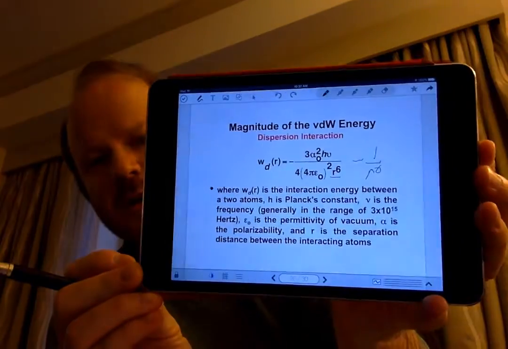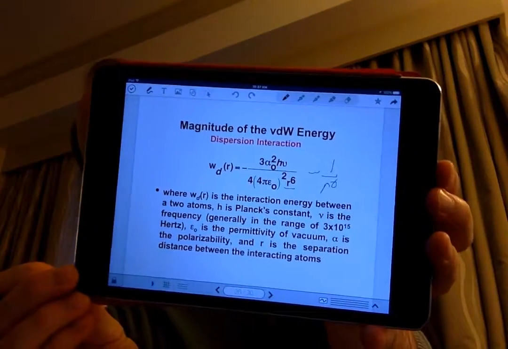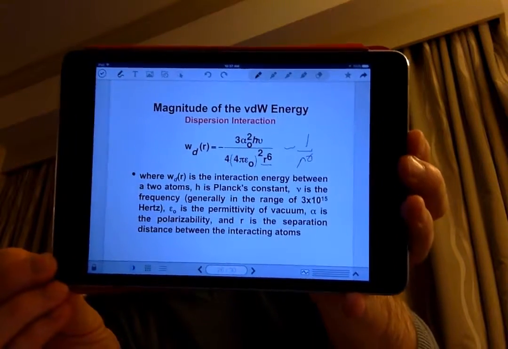You see this term at the end that's r to the 6th, and that describes the energy as a function of distance. r is the separation distance between interacting atoms, and so the energy W as a function of r is proportional to 1 over r to the 6th.